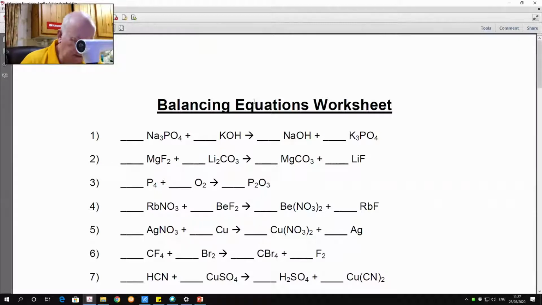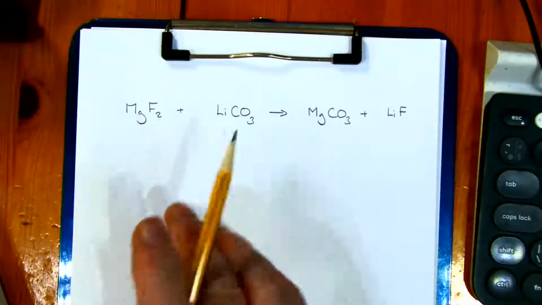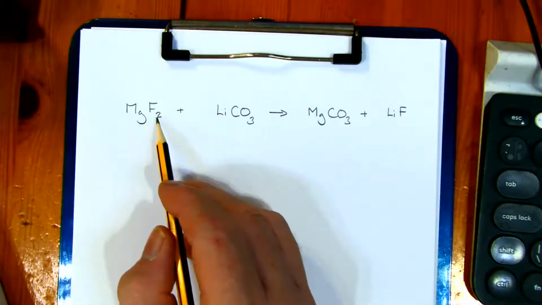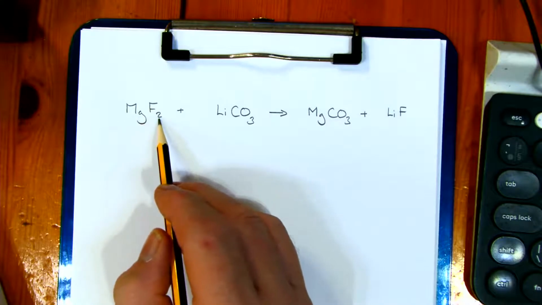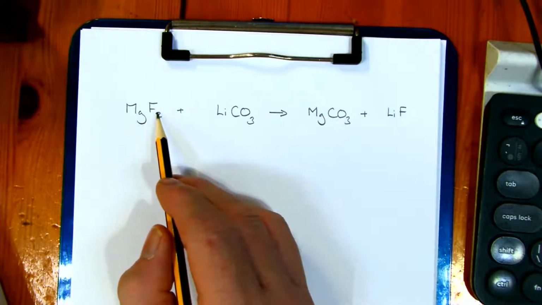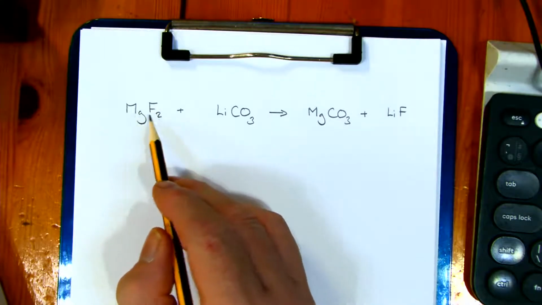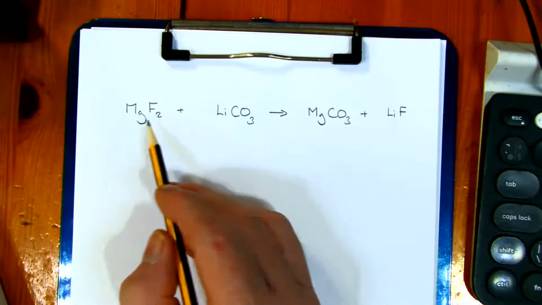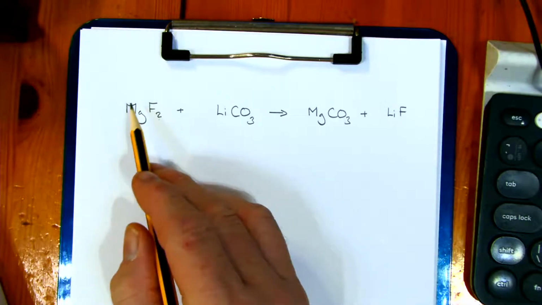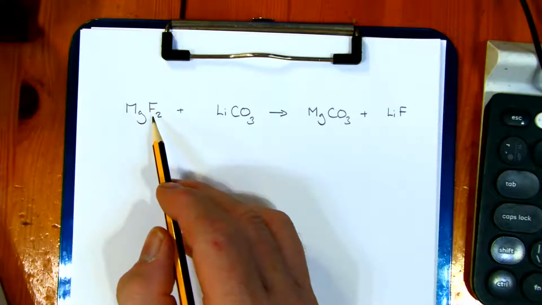Now, if we look at this equation, we can see, and we'll switch to the piece of paper, that our magnesium reacts with 2 atoms of fluorine, making magnesium fluoride. Now, how this actually works out, we'll look at in another lesson.